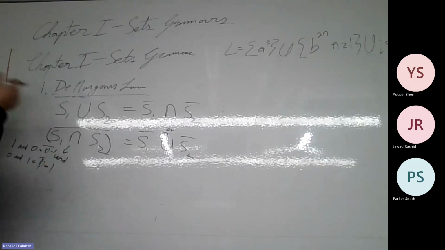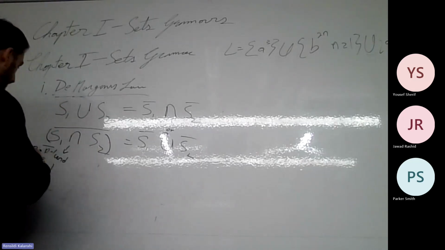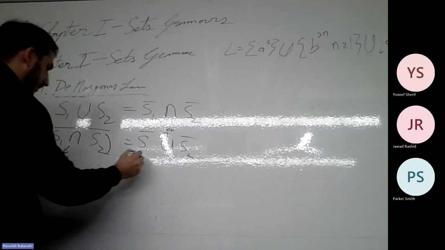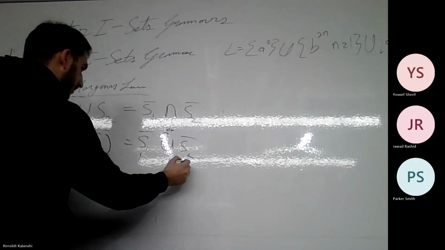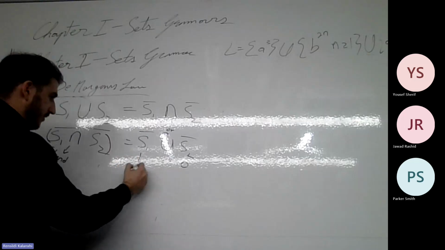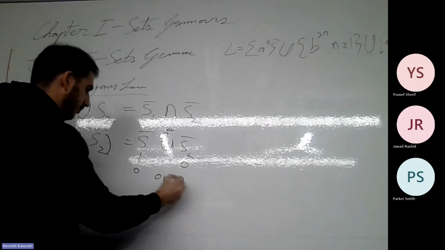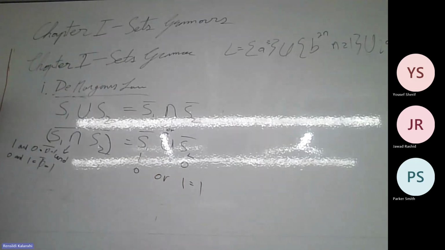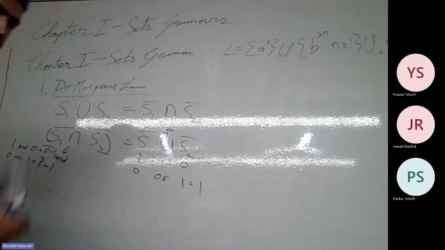And for or, let's say we do the same thing: 1, 0, and this will be 0, 1, or it'll be 1 again. So it's kind of like true. Okay, it makes sense.